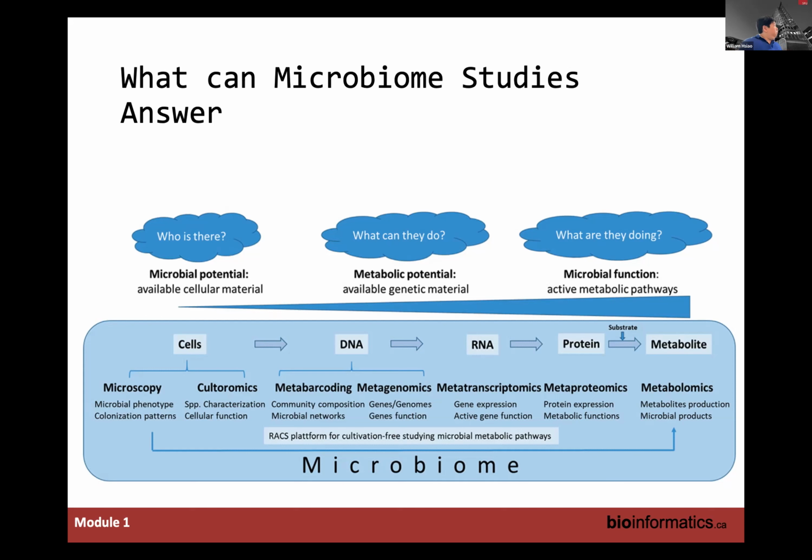And then we might also be interested in what they can do in the community. In other words, genomics shotgun sequencing can tell you what kind of genes are found in the community, but it doesn't necessarily tell you if the organism is actually actively expressing those genes, or if the organism is indeed alive or active.